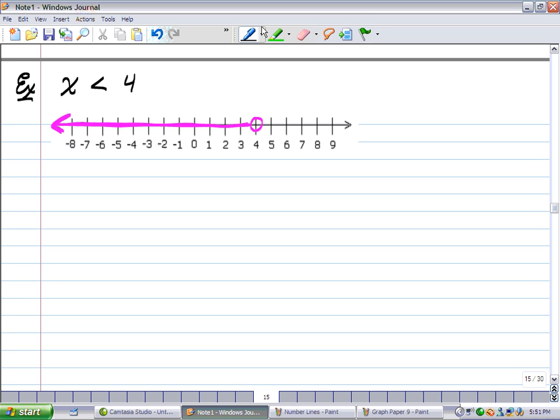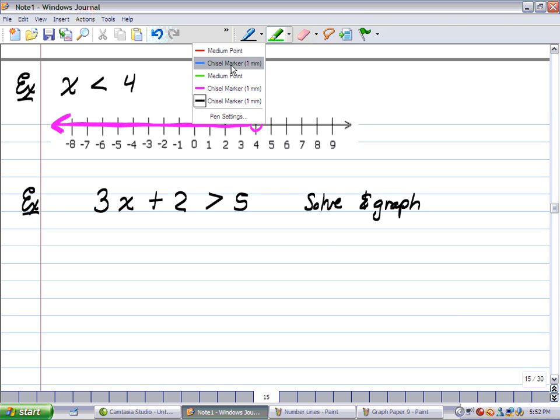Okay, now how do I solve these things? You solve them just like lines. So if I have x plus 2 greater than 5, I want to solve and graph. The only difference is when you divide by a negative, you have to change the direction of the inequality. You multiply or divide by a negative.